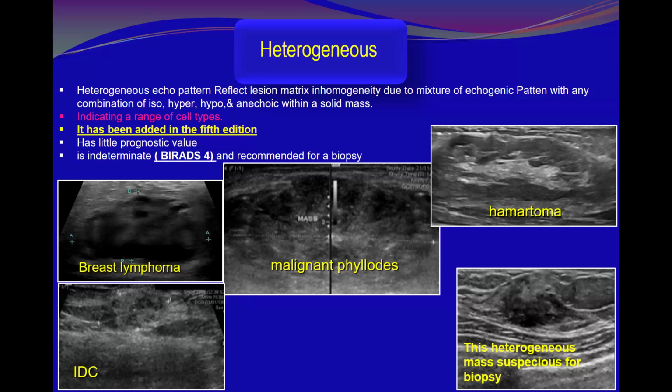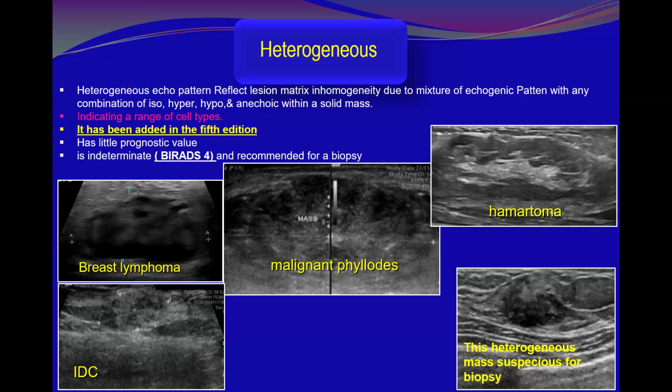What is a heterogeneous echo pattern? It reflects a lesion having matrix inhomogeneity due to a mixture of echogenic patterns. You might see any combination of echogenicities, either hyper, hypo, or anechoic and so forth. If you see all of these together or part of them together, it gives inhomogeneity of the background matrix, indicating a range of cell types.